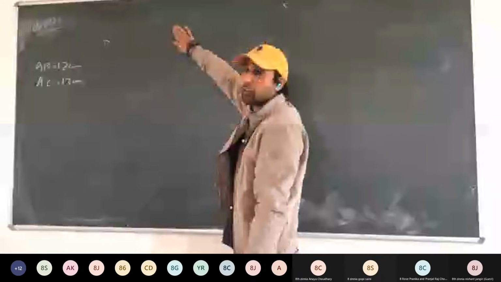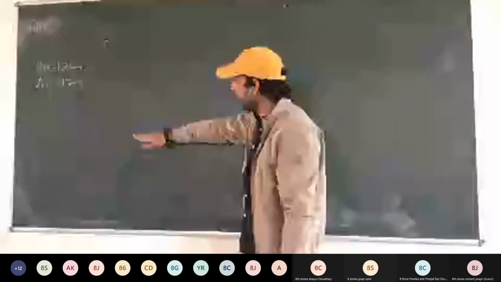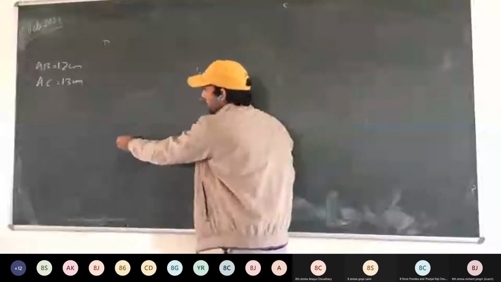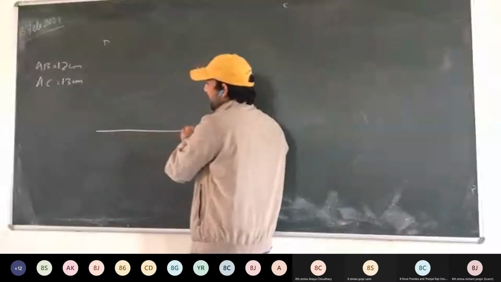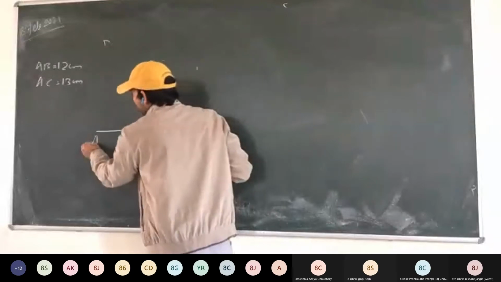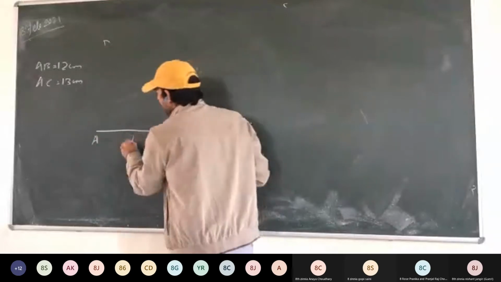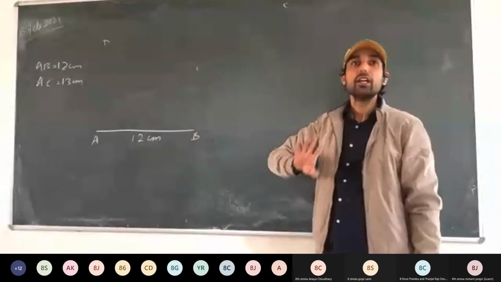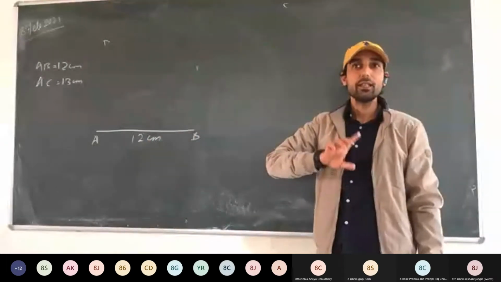So leave a good amount of space on top. Start drawing near the base, below on the page. So first we'll draw the 12 centimeter line. AB, 12 centimeters. We have drawn the 12 centimeter line.